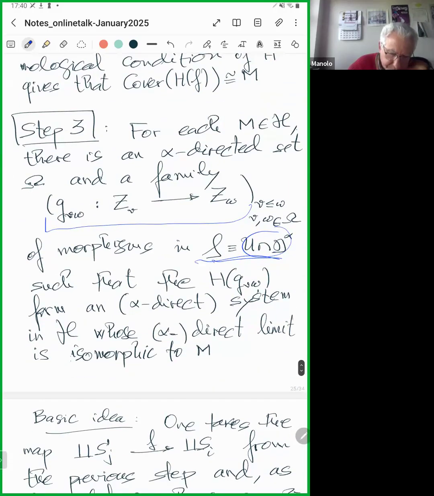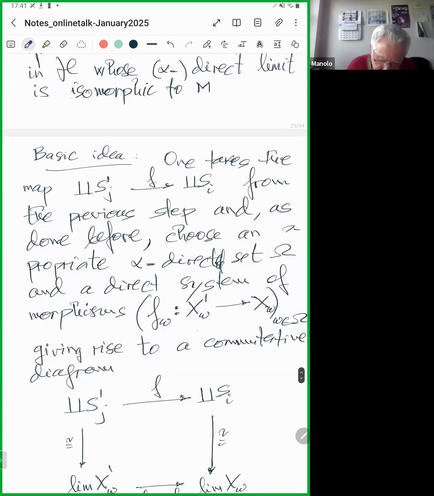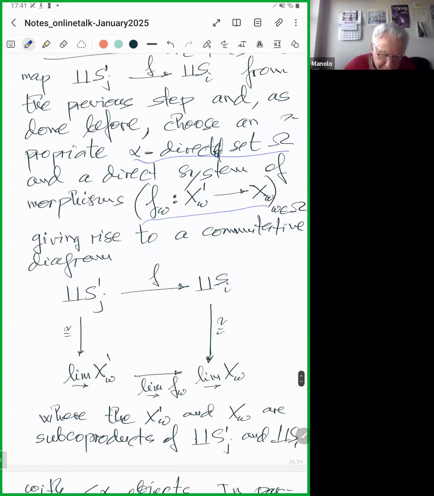So you take that map, and again, as before, because each coproduct is actually the alpha-direct limit of subcoproducts of less than alpha objects, you can arrange this to create a direct system, actually an alpha-direct system of morphisms. Well, for the moment it's not yet an alpha-direct system, it's just an alpha-directed set omega, and then you arrange the morphisms in this way, giving rise to a commutative diagram like this.